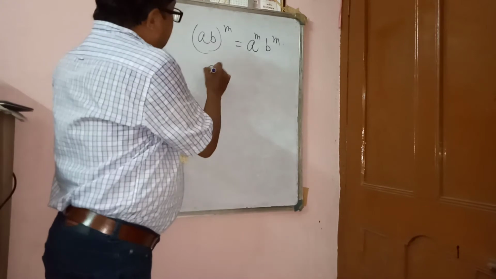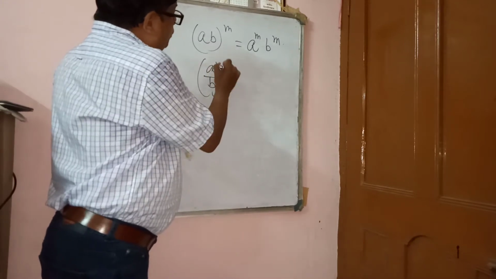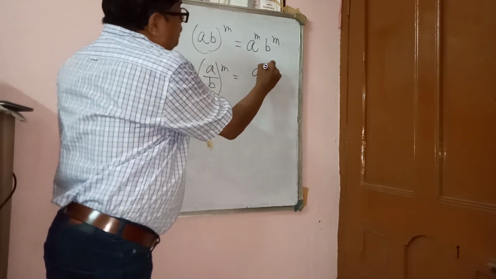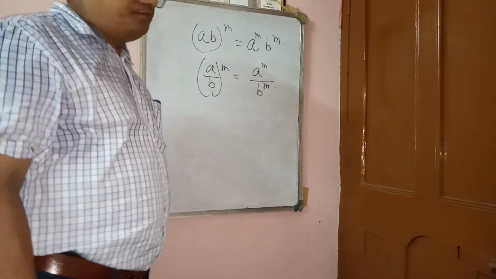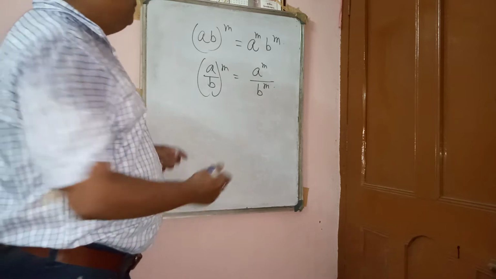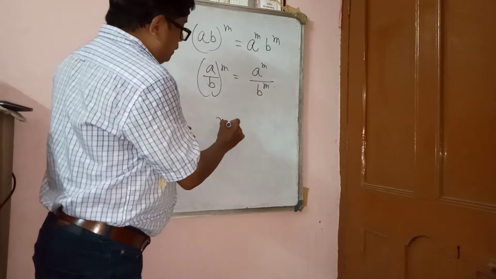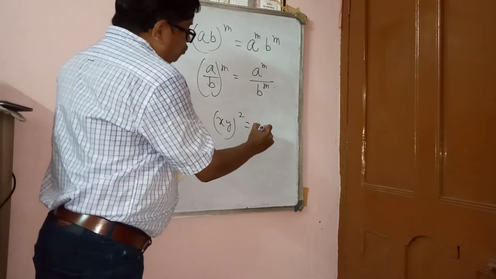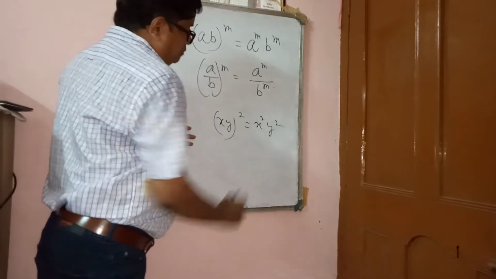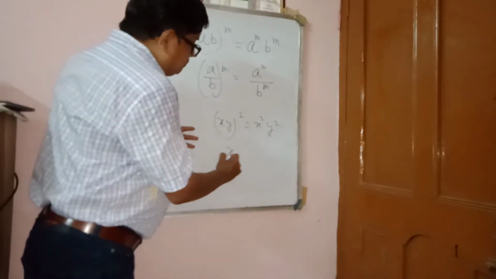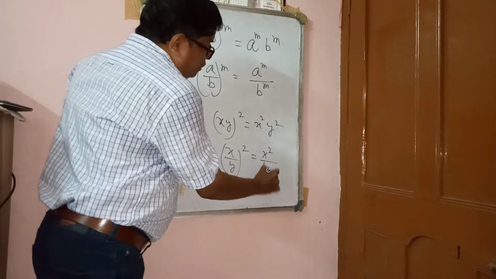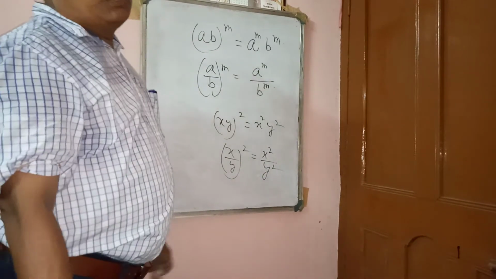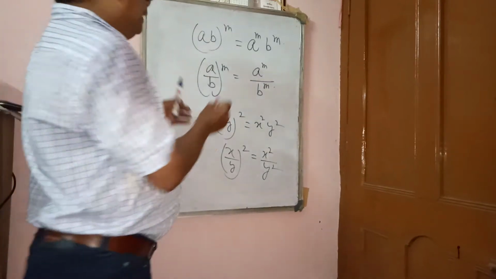If we write a by b whole to the power m, a to the power m by b to the power m. Okay? Similarly, suppose xy whole square, so you can write x square y square. Suppose x by y whole to the power 2, so x square by y square. Okay?